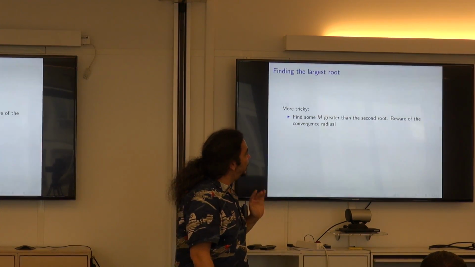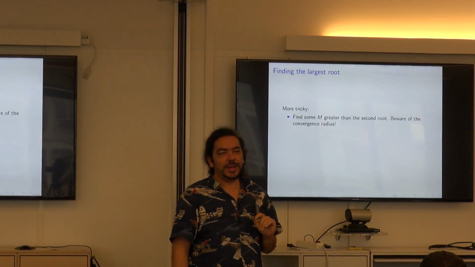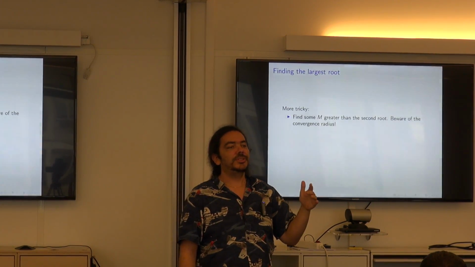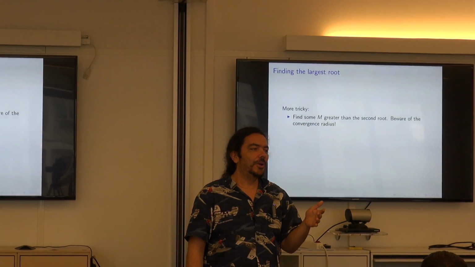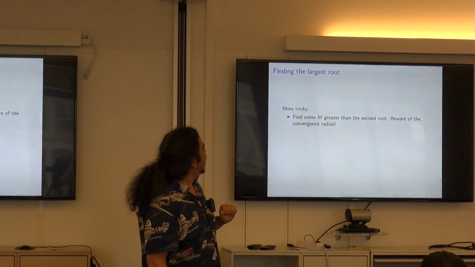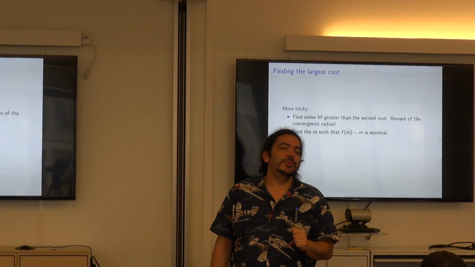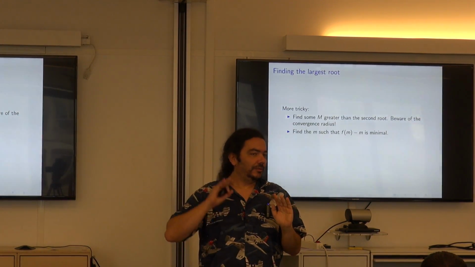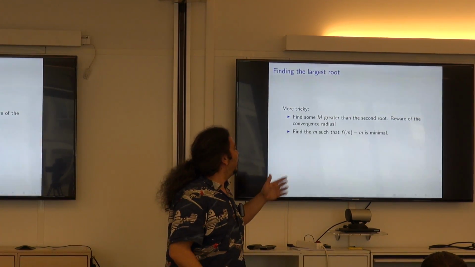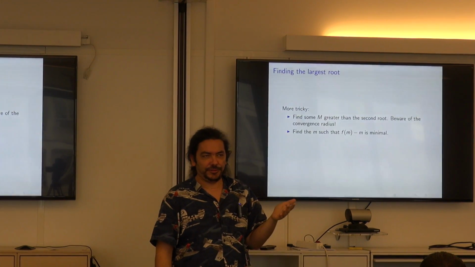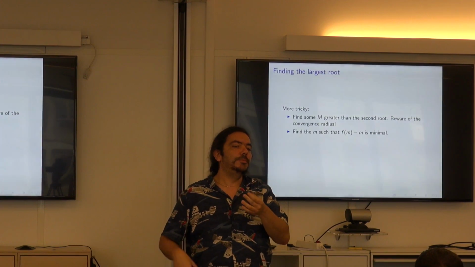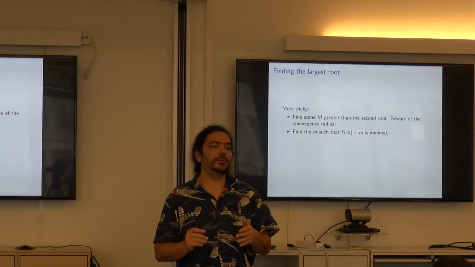So the first step is to carefully find a value of x that is higher than the second root, but still in the convergence radius, or to change the convergence radius another way, but I won't go into that. Then, to be sure to have the right root and not the left root, you've got to find the minimal value of f of x minus x, because then you'll be sure where to look to find the second value.